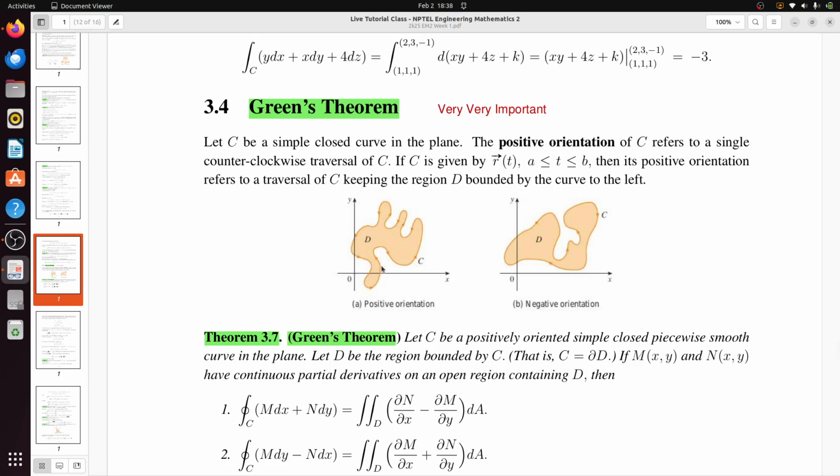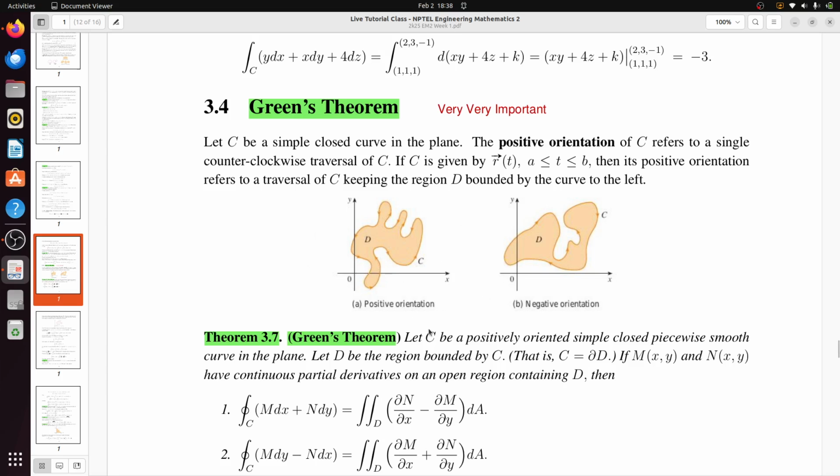This is called a counterclockwise traversal of C, and the region D will be bounded on the left. See that the region is enclosed by the curve on the left only, not the right.